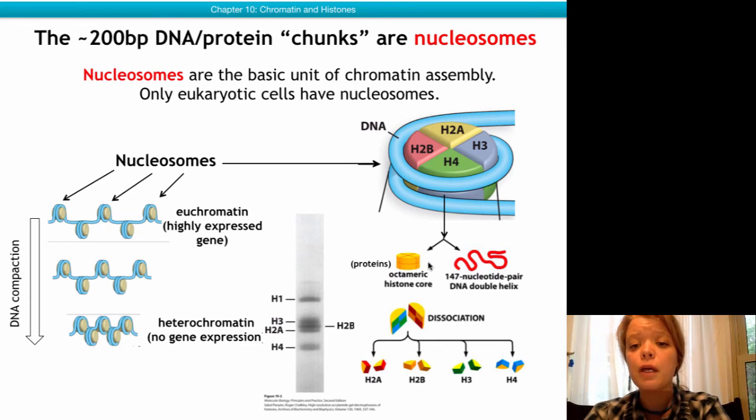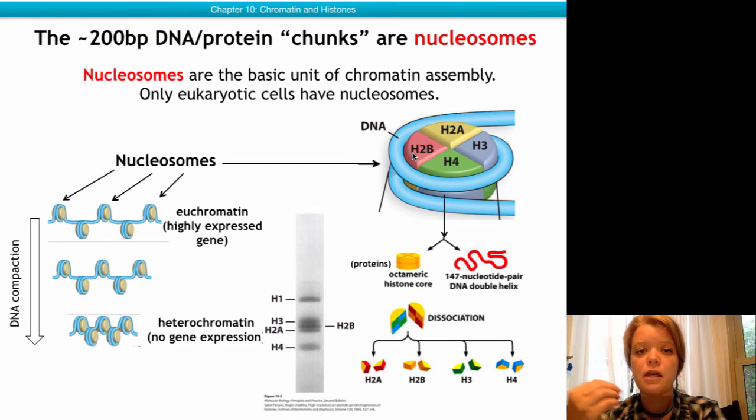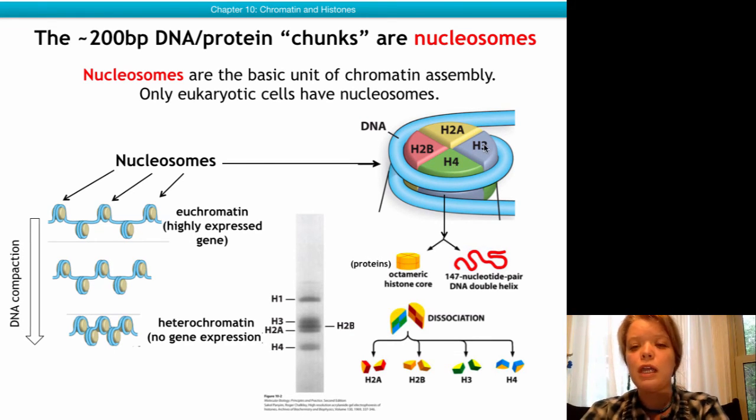The proteins are called histones, and each single one of these is called a histone: H4, H3, H2A, H2B, H4, H3, H2A, and H2B, H being histone.